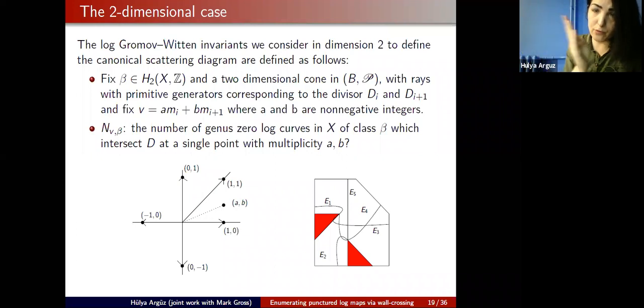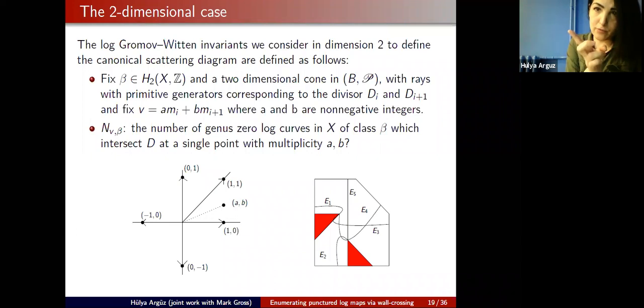So the reason being, the walls we consider are n-2 dimensional, and the tropicalizations, the tropical maps, we want an n-2 dimensional family of tropical maps, tracing out these walls. So in higher dimensions, the difference occurs because, if you have this (a,b) vector, it never touches any of the boundary curves.